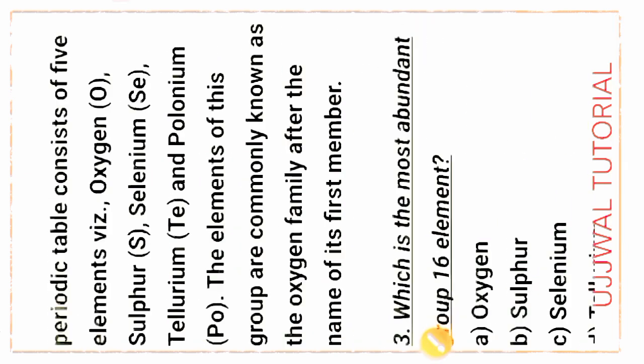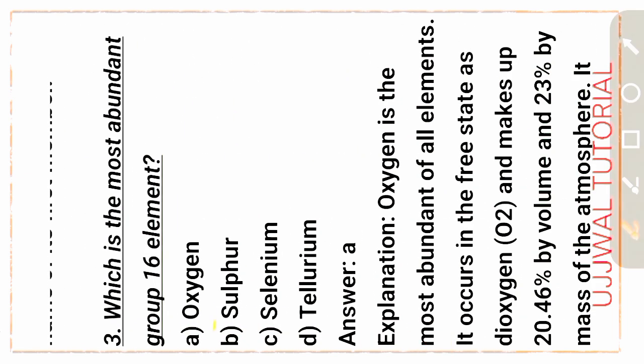Next question, question number 3. Which is the most abundant group 16 element? Abundant mainly means easily found in nature. That is option A, oxygen. To explain, oxygen is the most abundant of all elements.